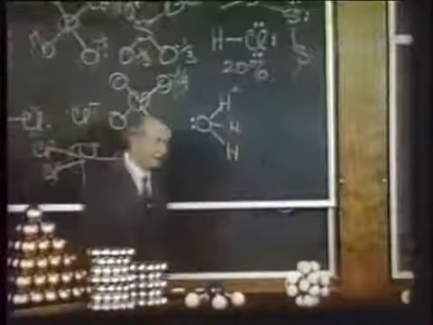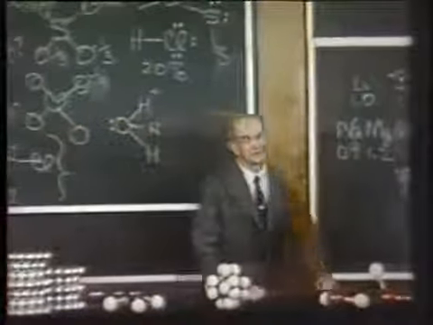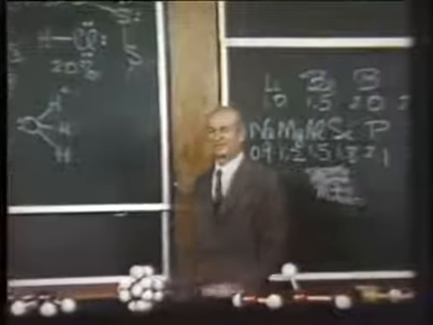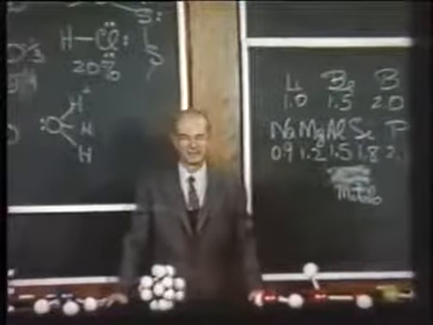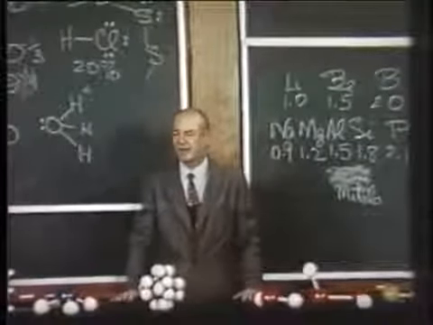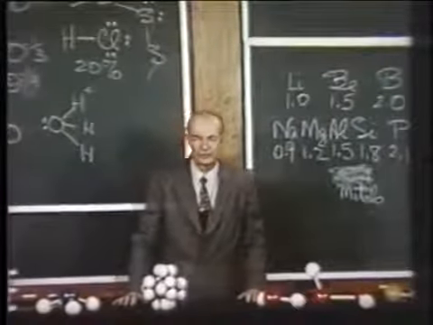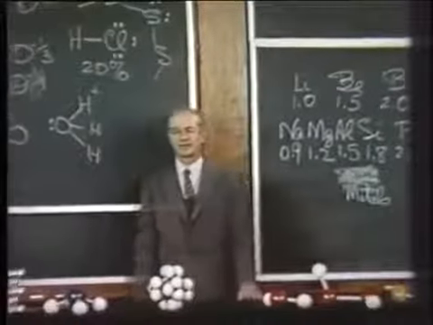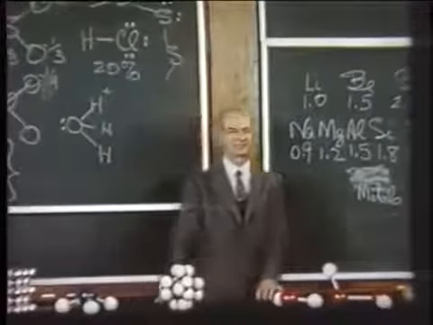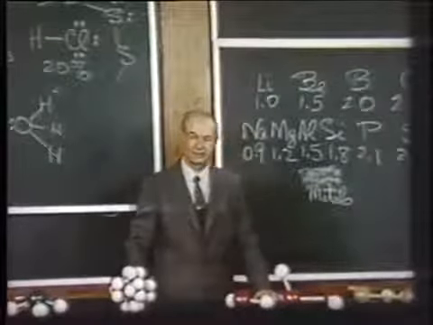There is another aspect of valence theory that I should like to discuss now. This is ligancy, or coordination, the coordination of several atoms or groups of atoms around the central atom.